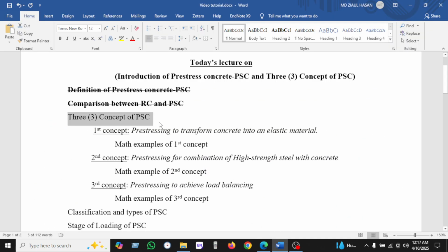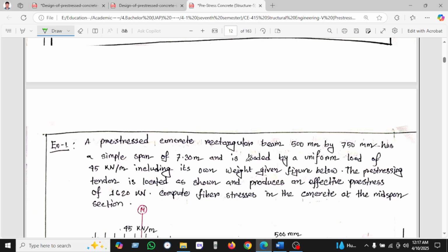So the first concept is the prestress transformation of concrete into elastic material. Now we'll see the math example of the first concept. This is the math example.